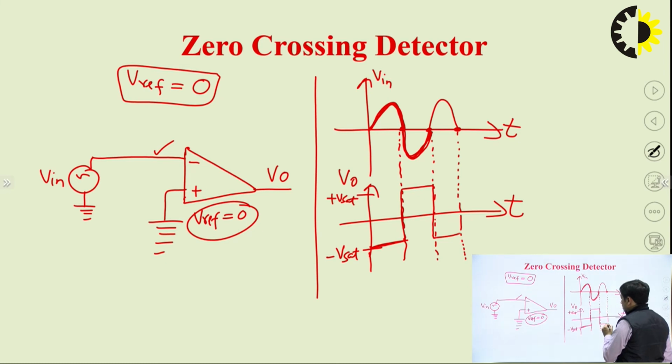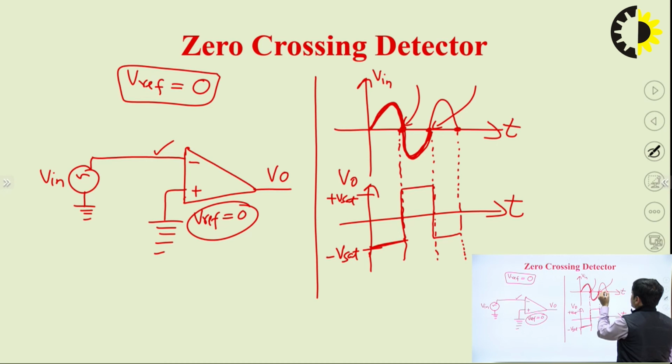Again it will switch from plus Vsat to minus Vsat. So you can see that whenever this input sine wave is crossing the 0 line, the t-axis, the x-axis, the output is getting switched from minus Vsat to plus Vsat and plus Vsat to minus Vsat.